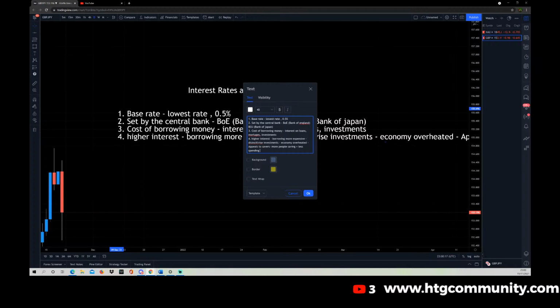So you have to see how these things intertwine. Oh no, we want equals, not plus. So that equals less spending in the economy. And what is less spending in the economy? That is your retail sales, right? So now you're just going to start to see how these things all level up, right?